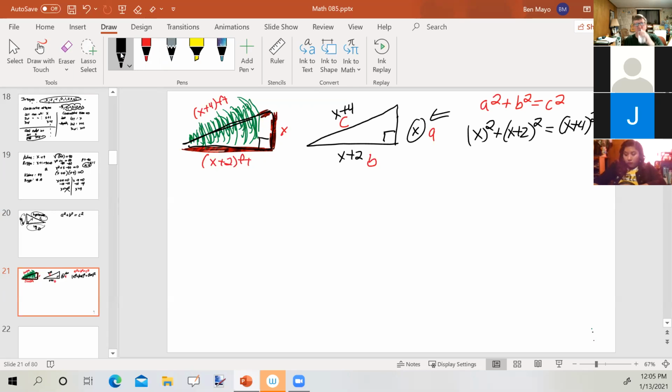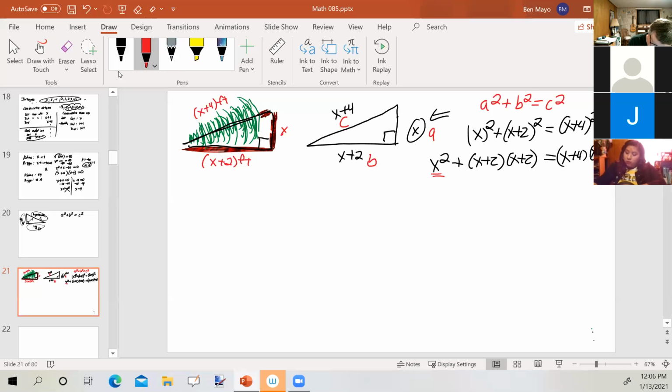All right. X squared is just that, x squared. X plus 2, the quantity squared, is x plus 2 times x plus 2. And x plus 4, the quantity squared, is x plus 4 times x plus 4. So now we're going to have to FOIL things together.